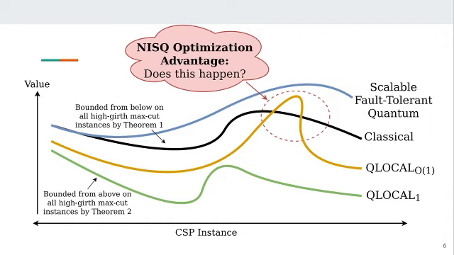And if there's some crossing, then there is some CSP where you can solve it better using a local quantum algorithm, which you could theoretically use a quantum computer in this decade to solve. But we're not even sure if this happens. So we've named this NISQ optimization advantage. We're not sure if this is possible. There's no theory to support it yet. And we have a couple of results maybe suggesting it might not be possible.